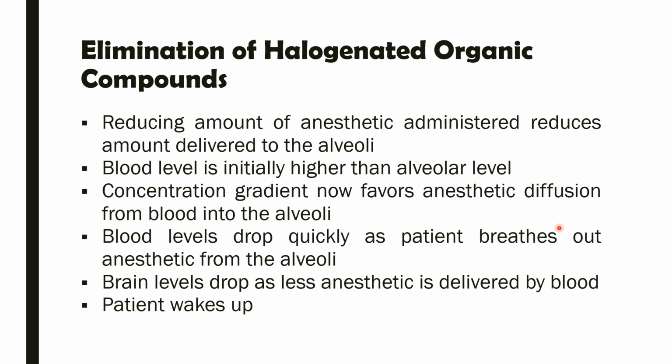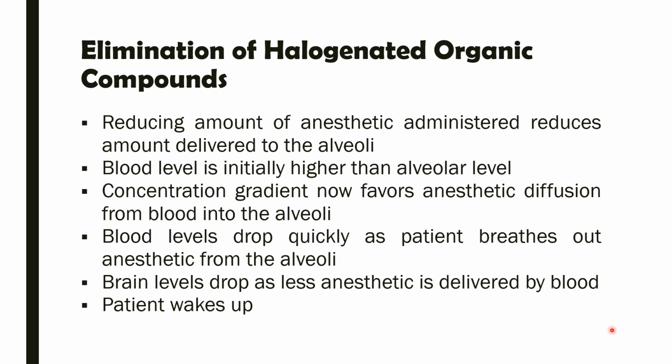The concentration gradient will now favor the anesthetic diffusion from the blood into the alveoli. So this will create the concentration gradient and eventually start favoring the movement of the drug from the blood into the lungs.